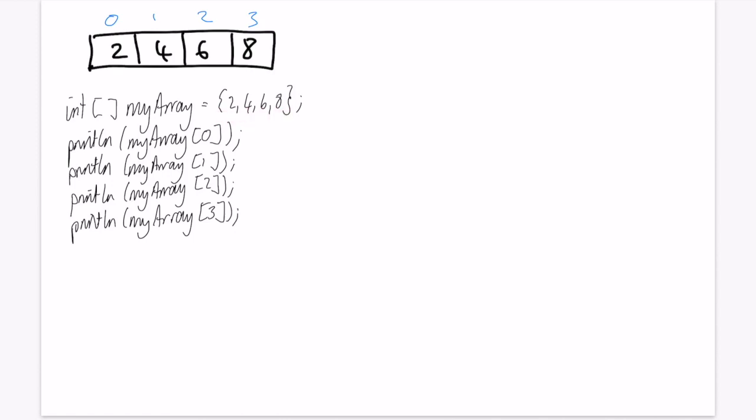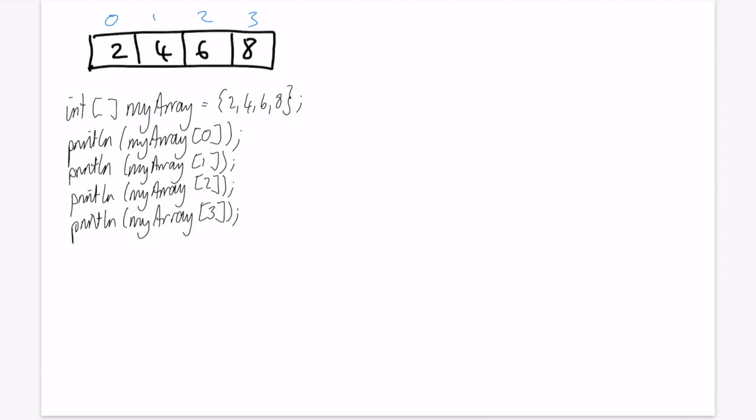If I wanted to do something now to go through those values, I would have to deal with them individually as far as we know right now. So I would have to say println myArray at position 0, println at position 1, 2, 3. But we can use a for loop structure to help us loop through that.